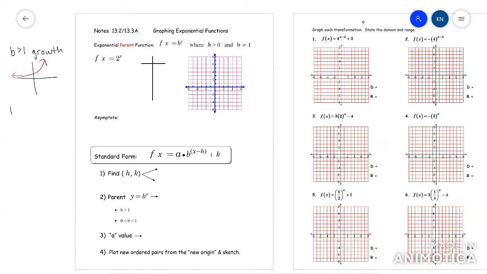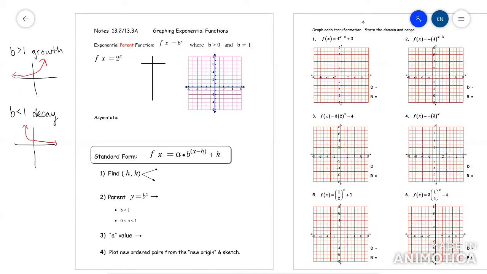Now if b is less than 1, it's decay, and your graph is going to take this shape. It's very helpful to know what shape you're going to need to be drawing going into the problem. So this one is growth, so it's going to be looking like this.